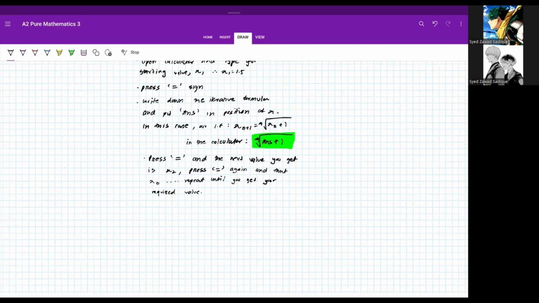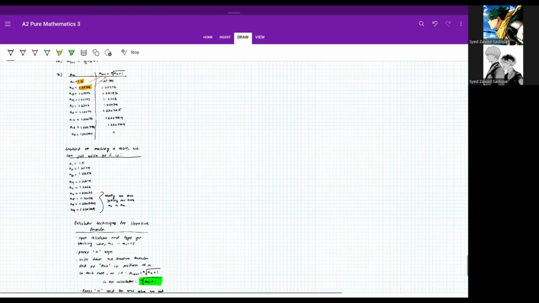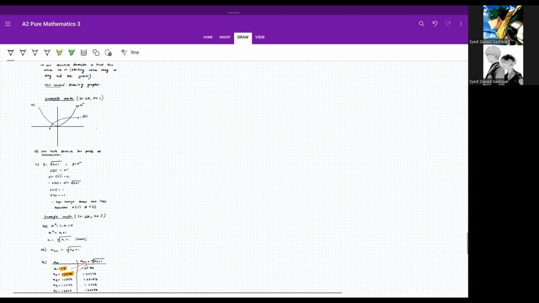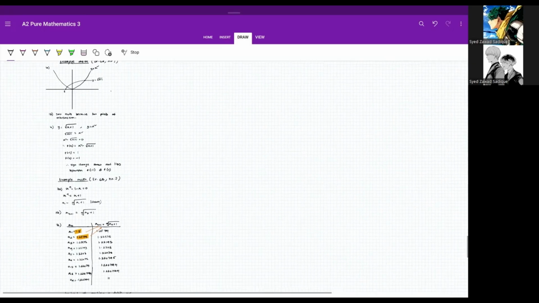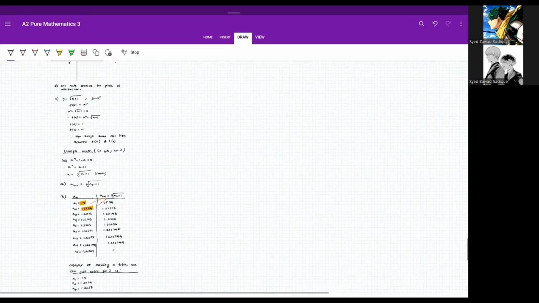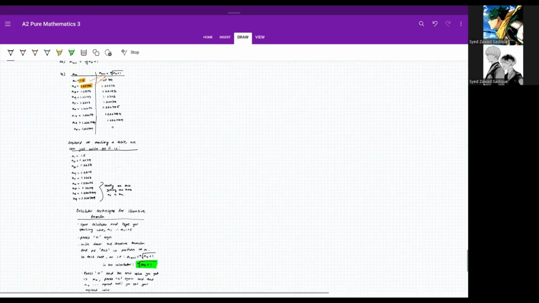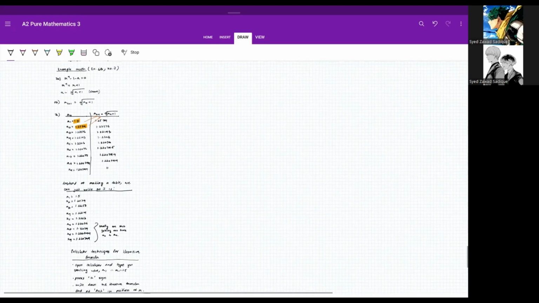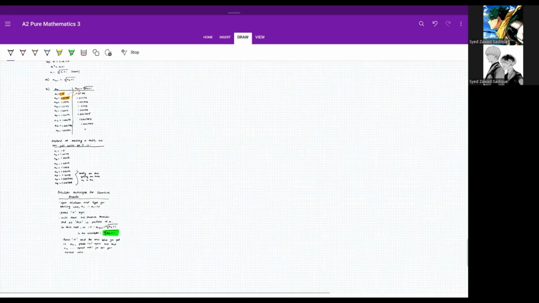Okay, guys, that's it for iterative formula. I think it was very big, actually. I think I can make it kind of smaller.